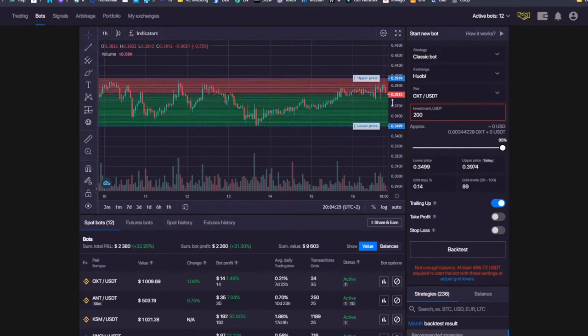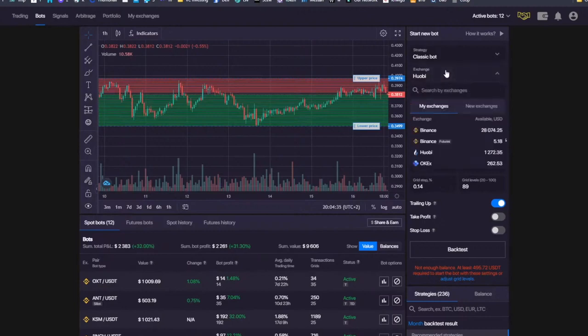Sometimes you have only some coins on Binance that are not listed anywhere else that you would love to trade. For example, I prefer to trade on OKEx and Huobi and Binance. But if there is no coin that I want to trade on either OKEx or Huobi or Binance, then most likely I've got to skip it.